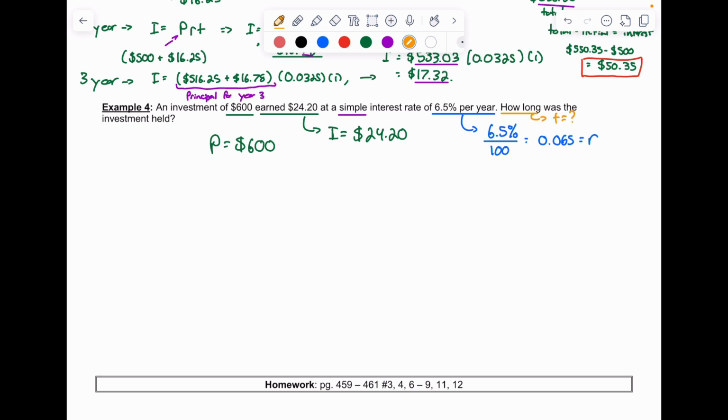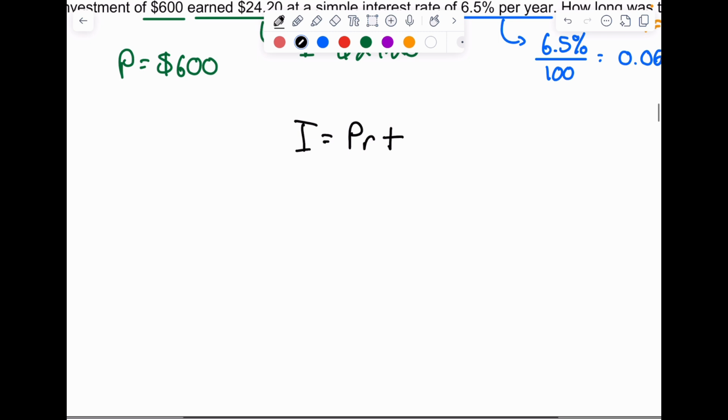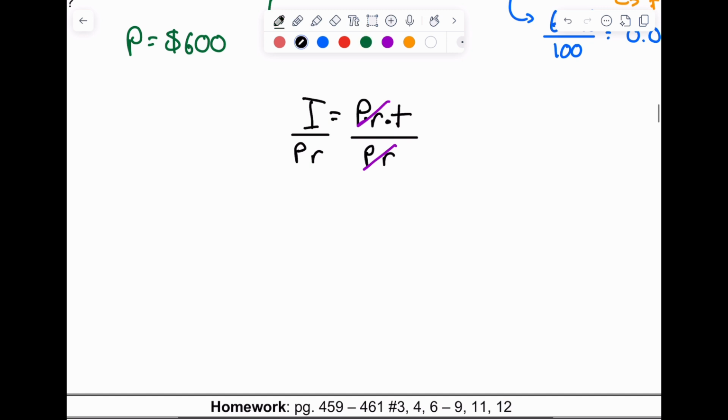We're looking for T. So if you set up your formula, I = PRT, essentially we are just rearranging the formula for T, right? These are all being multiplied by each other. So if we want to rearrange it for T, we would divide both sides by PR. So these would cancel, and you'd be left with your formula. The interest you earned divided by your principal multiplied by your rate would tell you how long you had your investment in there for.